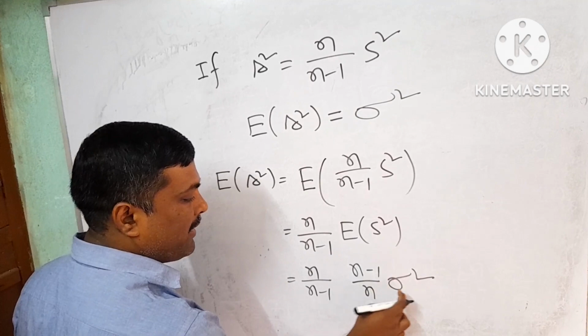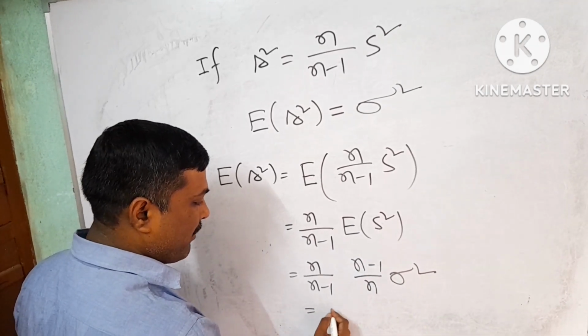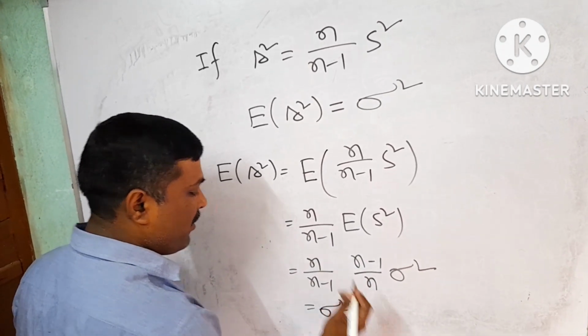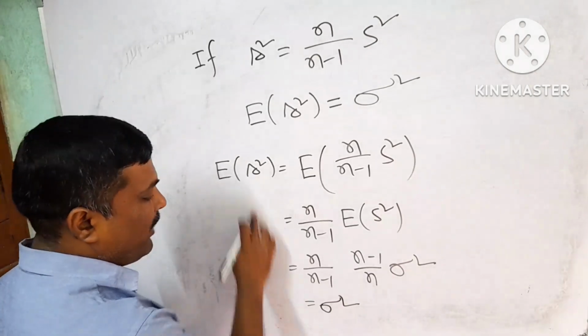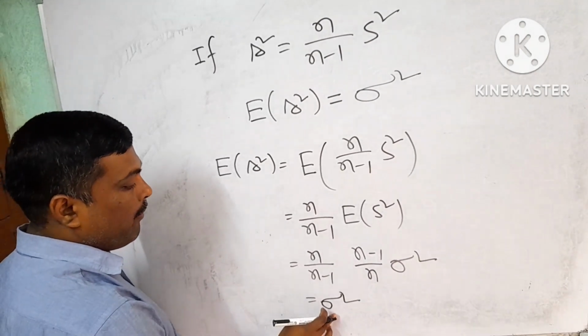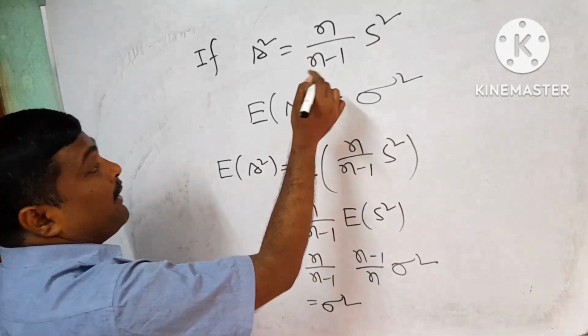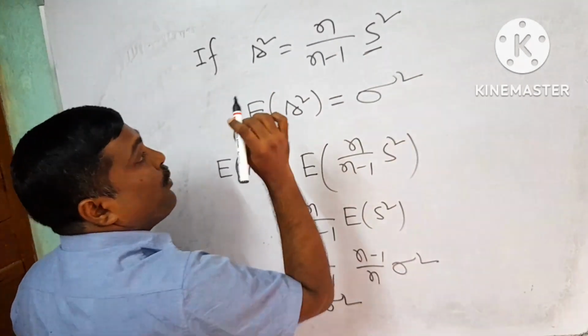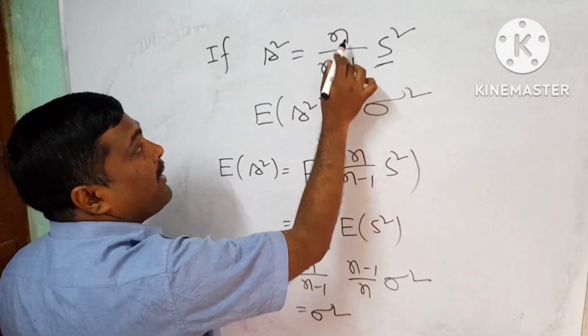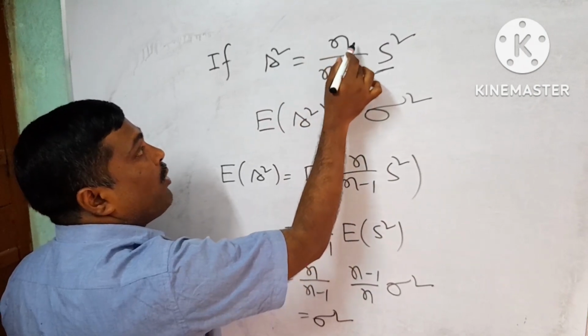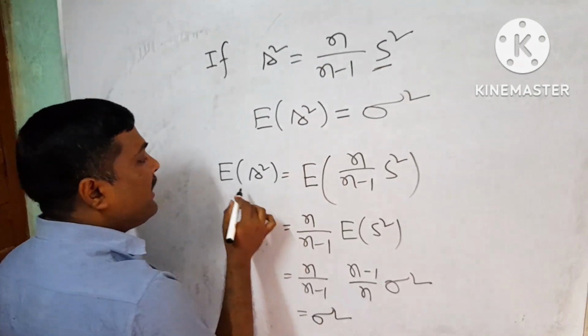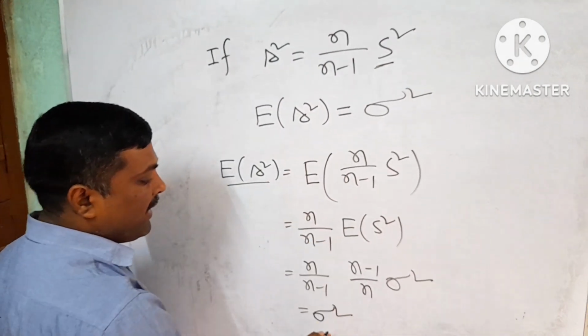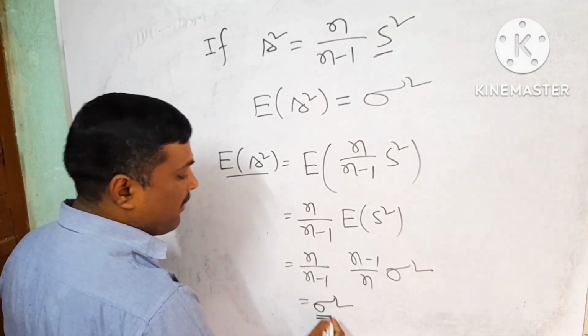So it is sigma square. So if small s square equals n by n minus 1 capital S square, then E of small s square is the population variance.